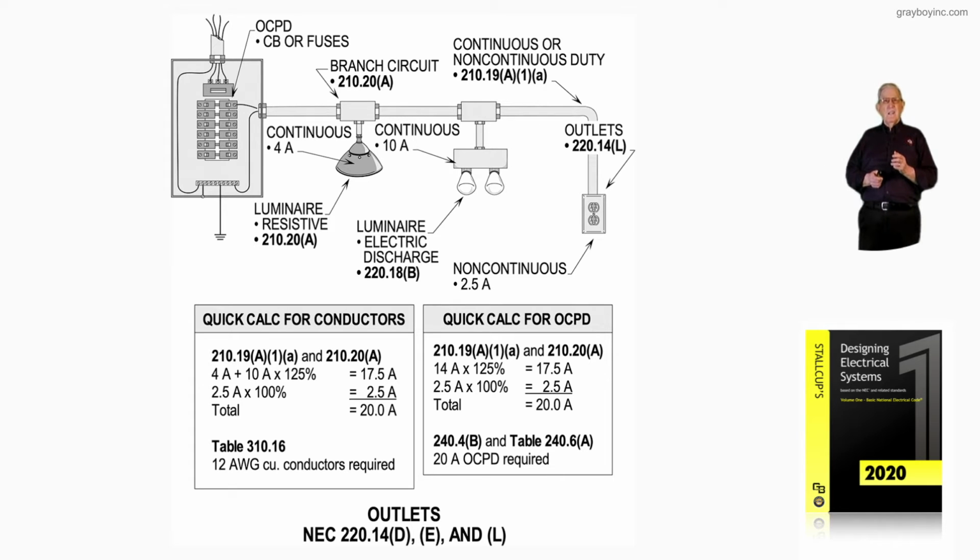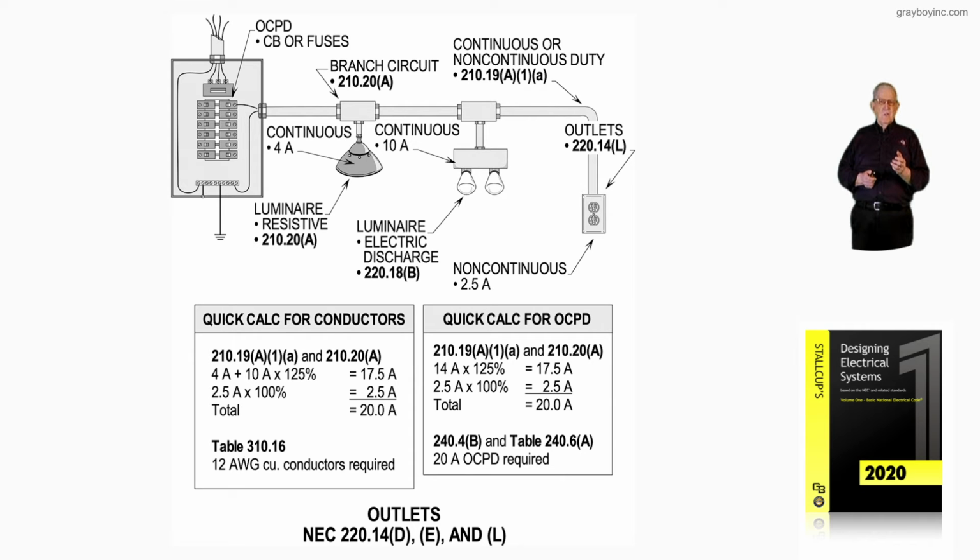Now, to calculate for conductors, we would look at 210.19(A)(1) and 210.20(A). And we'd take 4 amps plus 10 amps, which is continuous load, and increase 125% to 17.5. Then we take the 2.5 receptacle load that's non-continuous.